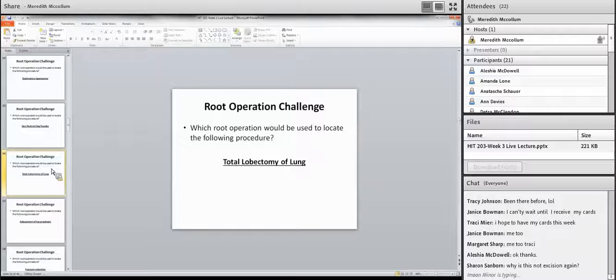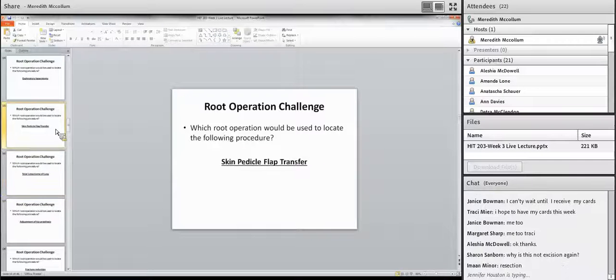Sharon, why is it not excision again? Because with a transfer, they are actually not excising it off the body. They keep the blood vessels going. Let's say there's a defect on your nose, and they will cut a piece of your forehead and bring it down, and they will keep the vessels intact.